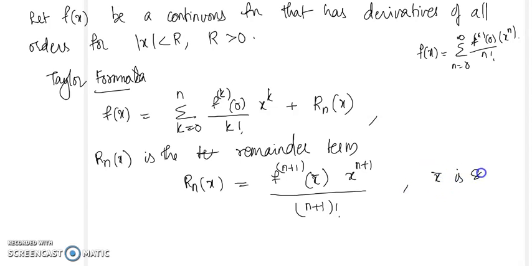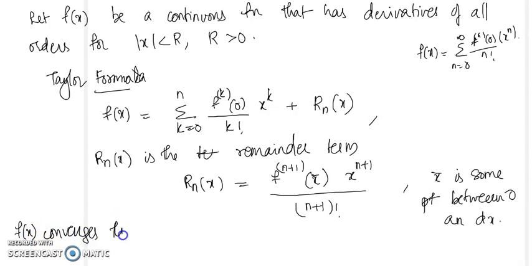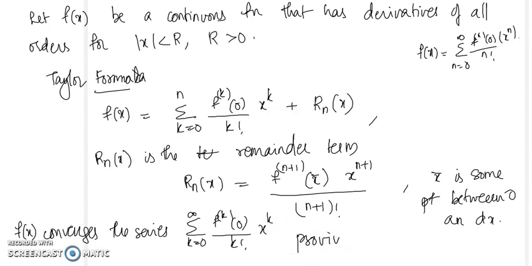So x bar is some point between 0 and x. Now f of x converges to the series summation k equal to 0 to infinity, f^k at 0 by k factorial into x raised to k, provided R_n of x goes to 0 as n tends to infinity.